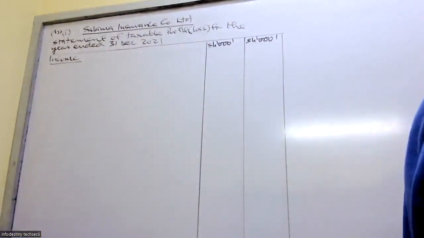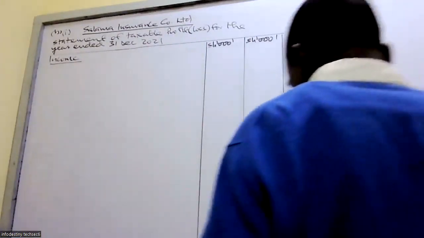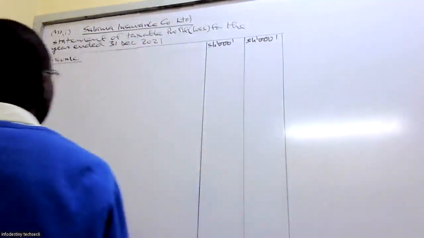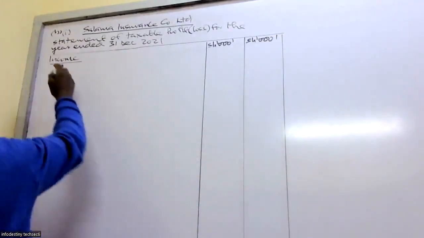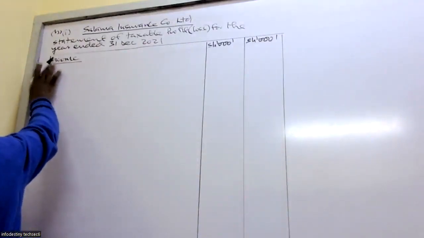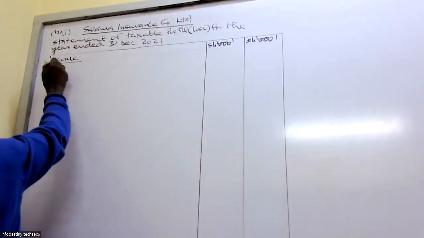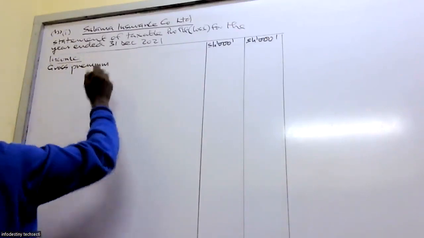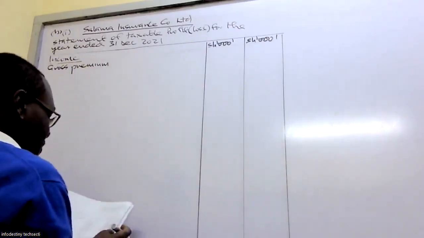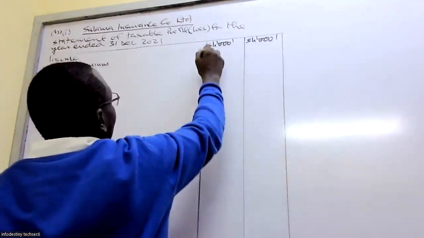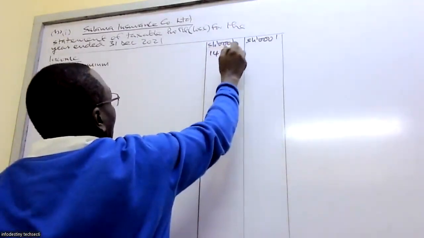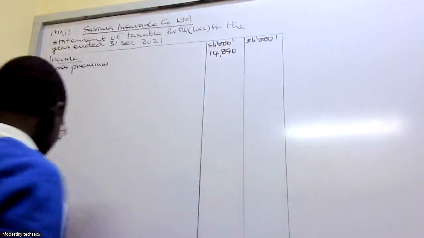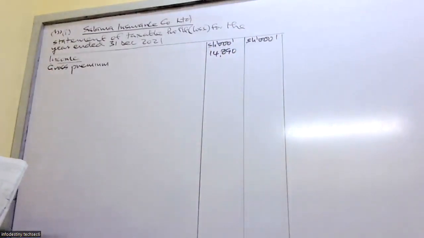So the main income is gross premium, which will need to be adjusted. Let's say gross premium. The gross premium is 14,890. We'll adjust for note number 4: gross premium includes sale of insurance policies to life.